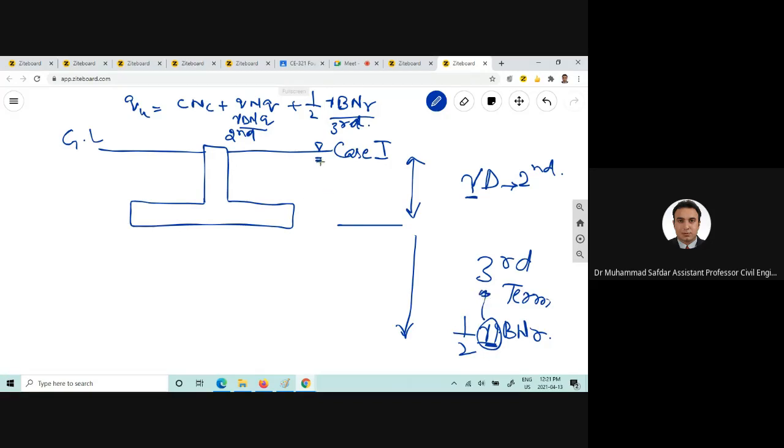So if the water table is at the ground surface, the gamma here should be used as gamma saturated minus gamma of water. Okay, so this would be the effective unit weight. For the second case, because we can clearly see that this gamma has been affected, and this gamma has also been affected by the water table.